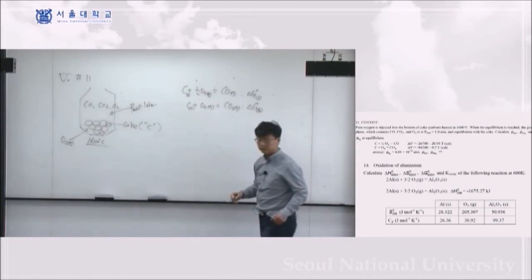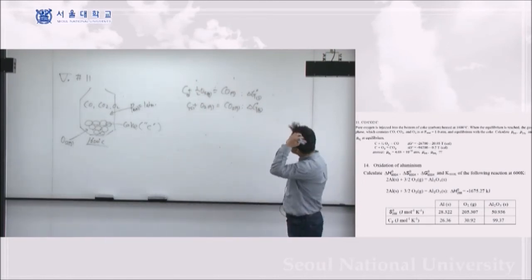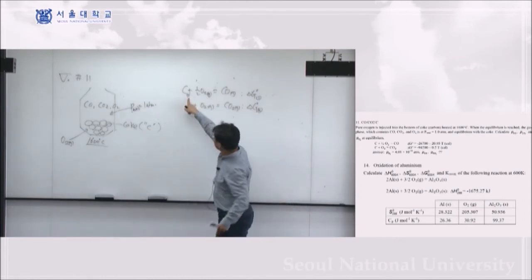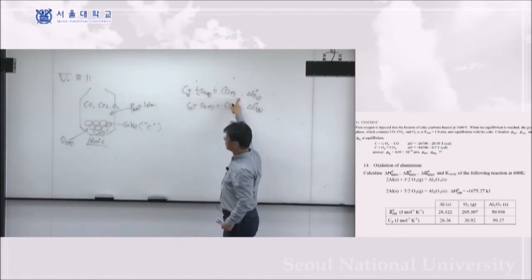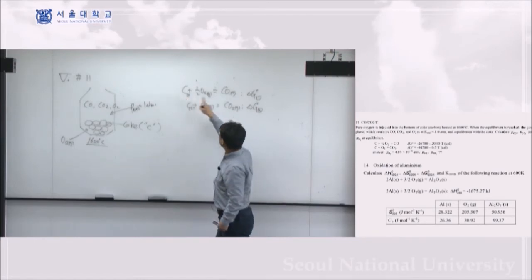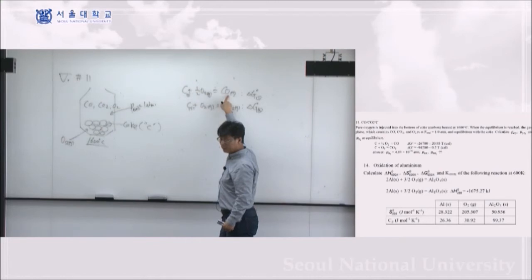Carbon is solid. Okay? So at equilibrium state, if I assume this is in equilibrium inside of this furnace, and this is also in equilibrium, then I know two variables here.